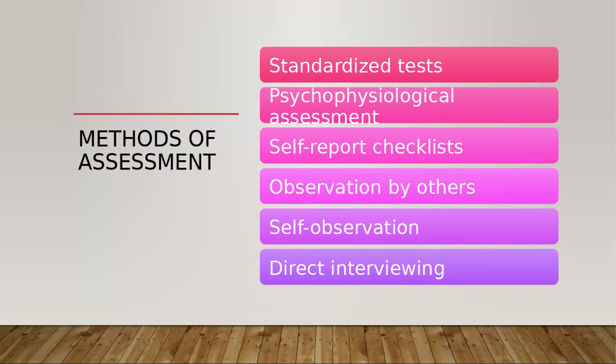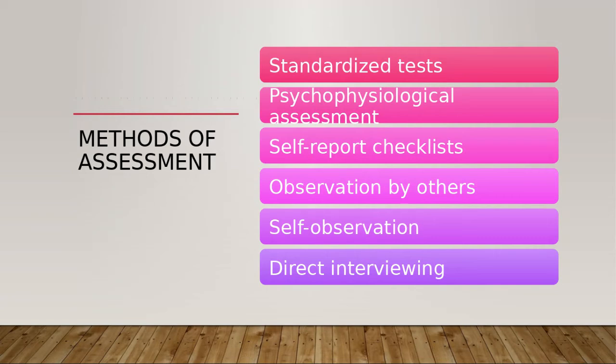Next, you can ask your client to engage in some form of self-observation. And this is where they're observing and recording some aspect of their behavior. So you may ask your client to record the number of times a day they have thoughts about their health. Maybe they have hypochondriasis or something where they're overly concerned about their health.